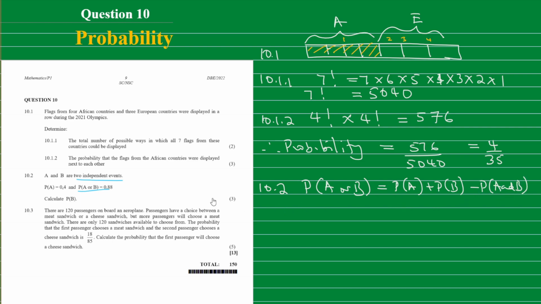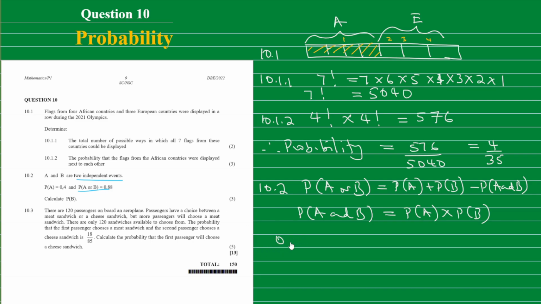But we are given that A and B are two independent events, so if they are independent events, it means that P(A and B) is equal to P(A) multiplied by P(B). So we can substitute into this addition rule for probability. P(A or B) we are given is 0.88.